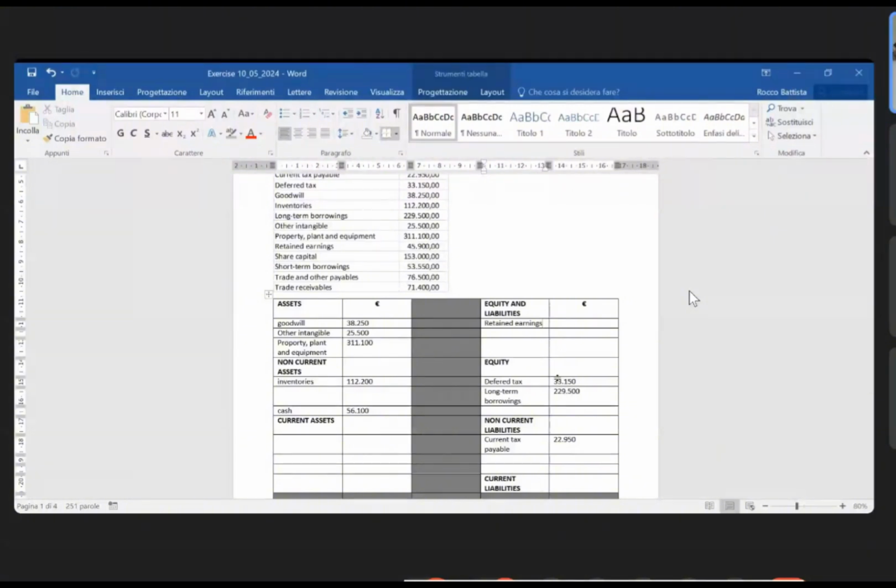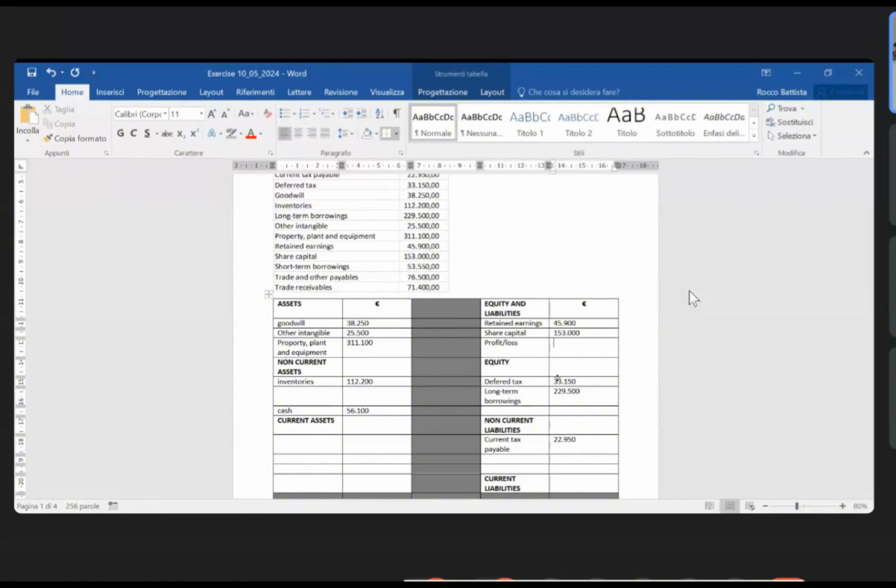So here you will find retained earnings of the past year, share capital, the capital of my shareholders, and you should find even profit or loss of the current year.